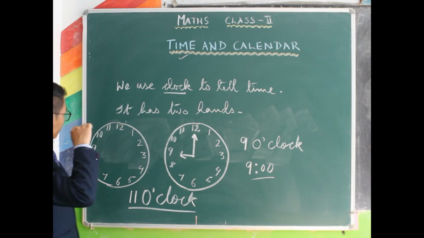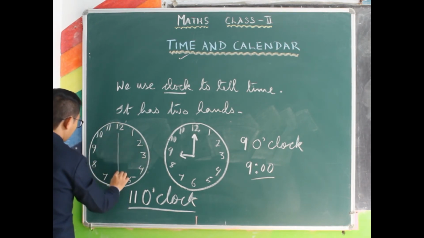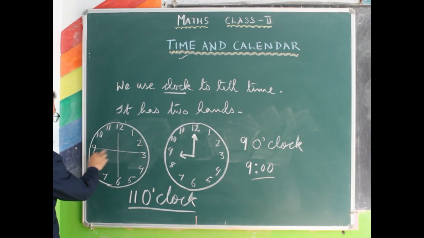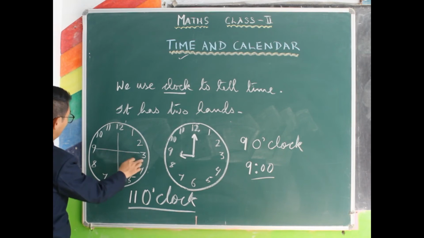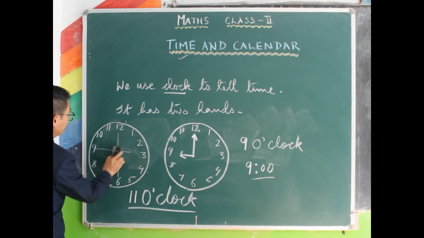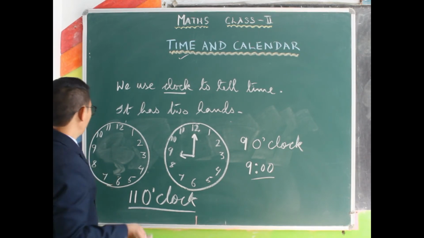So make sure when you draw this clock face, this has to be straight. 9 opposite like this, straight one, 12, 6. Alright, it will be easier for you to draw the clock and numbers.